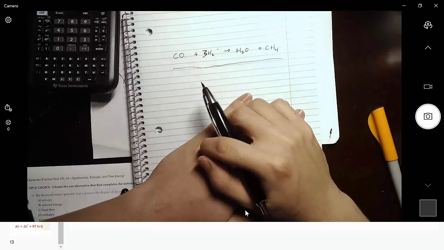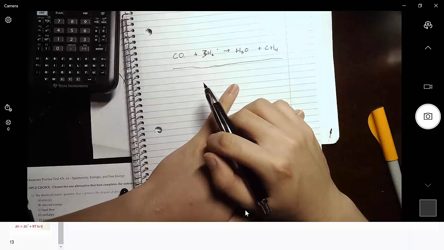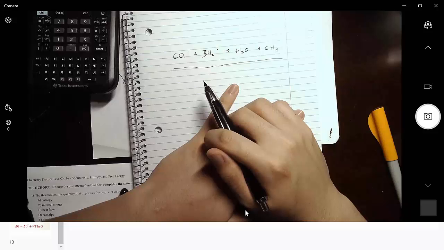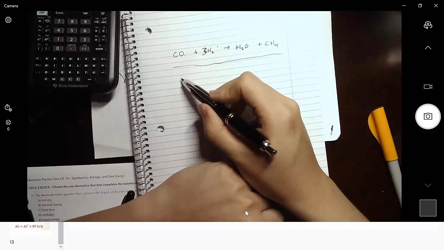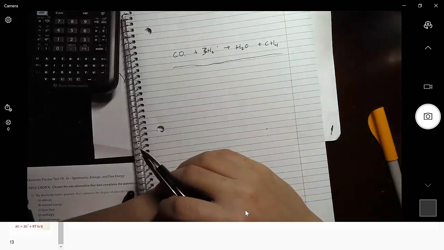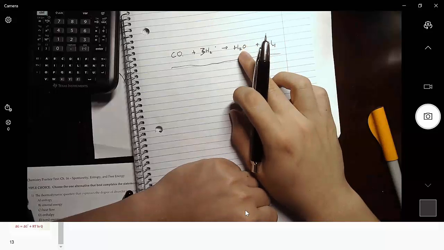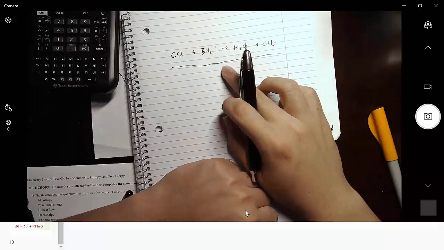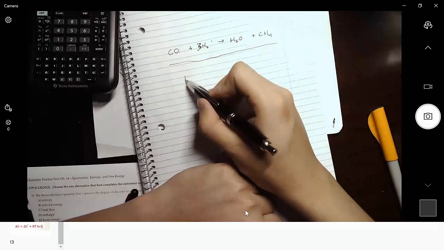Oh, I think this is wrong. Well, regardless, this is still fine. I think it should be water. Yeah, we can look at an easier one actually.